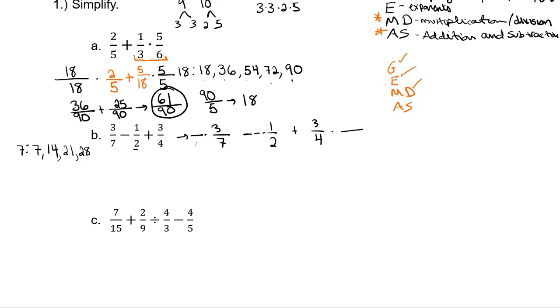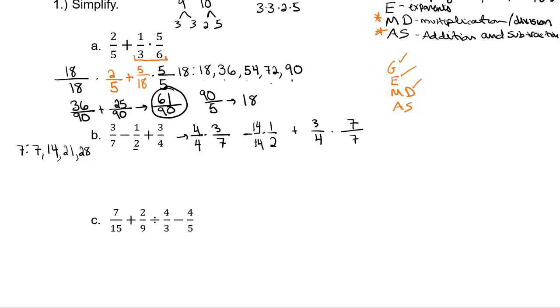So 7 times 4 gives me 28, right? What I do to the bottom, I have to do to the top. And then I have 28, so 2 times 14 is 28, top and bottom by 14. 4 times 7 is 28, so top and bottom by 7.